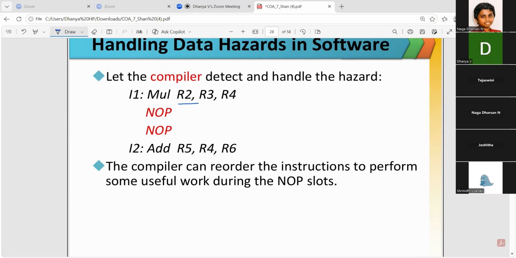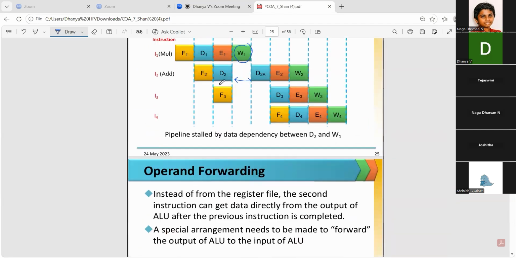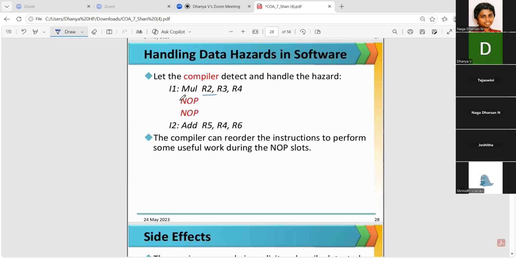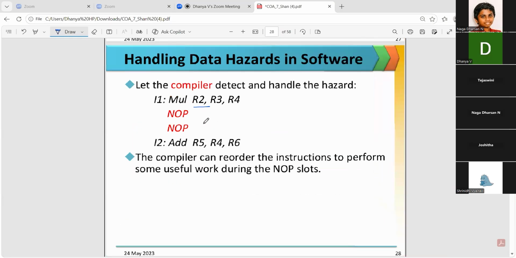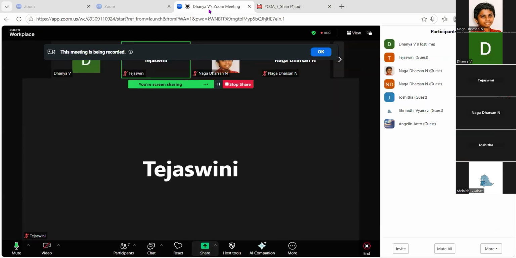Okay, so in case of data hazards, there are three methods that you can follow: stalling, operand forwarding, or the no operation or dummy operations. So is data hazards part clear?